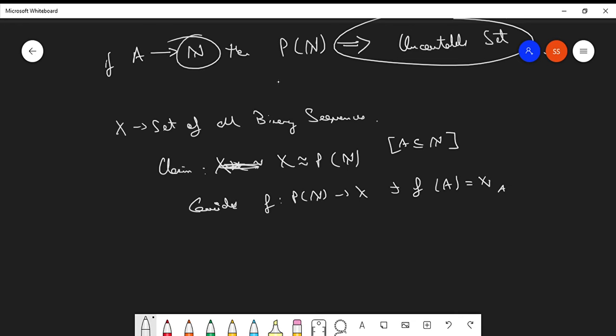It is called the characteristic function. Chi A of some value n will be 1 if n belongs to A, and will be 0 if n does not belong to A. So the value of chi always oscillates between 1 and 0, and hence it signifies a binary sequence.